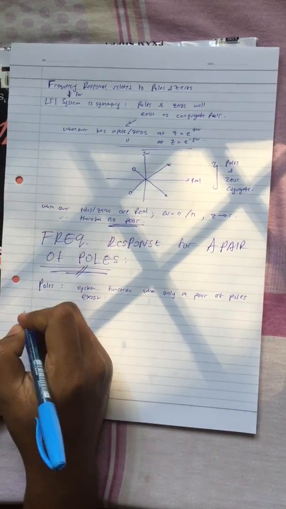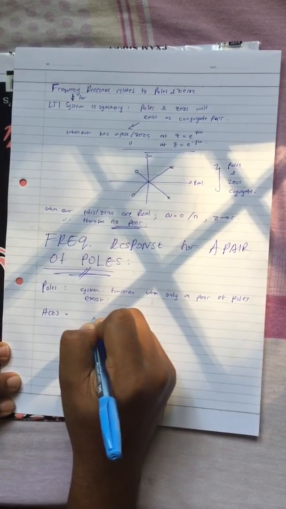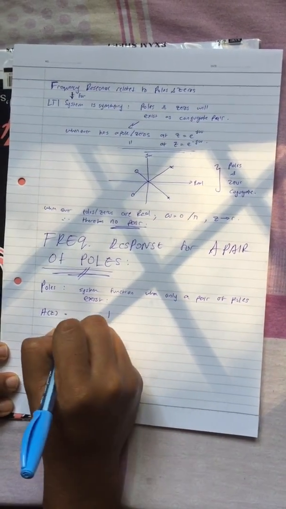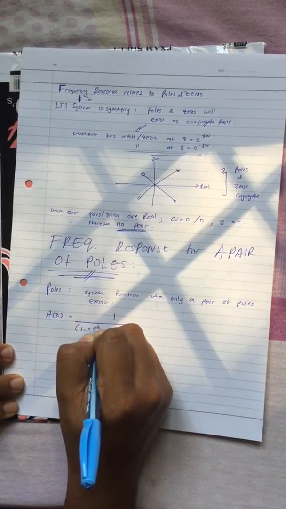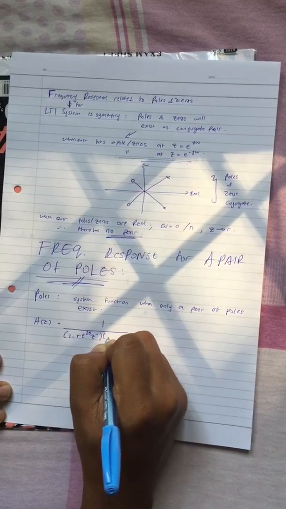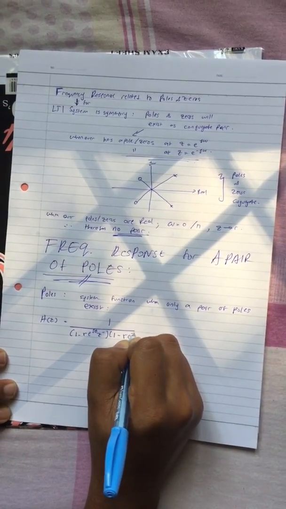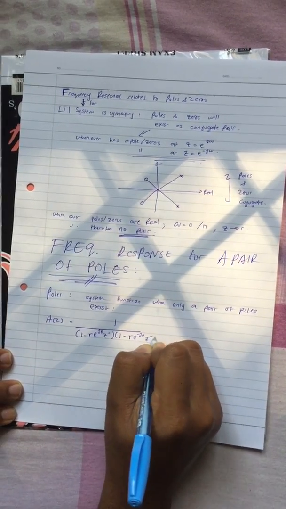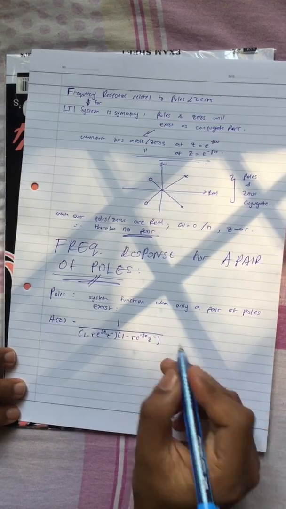Which means H(z) is equal to 1 over (1 minus r e^(jθ) z^(-1)) multiplied with (1 minus r e^(-jθ) z^(-1)).